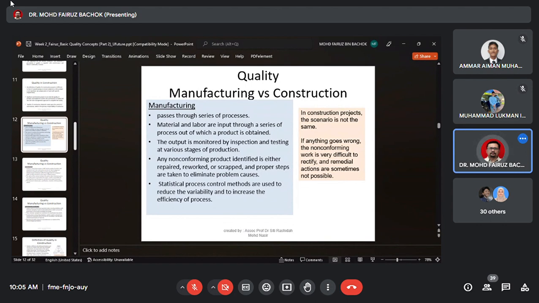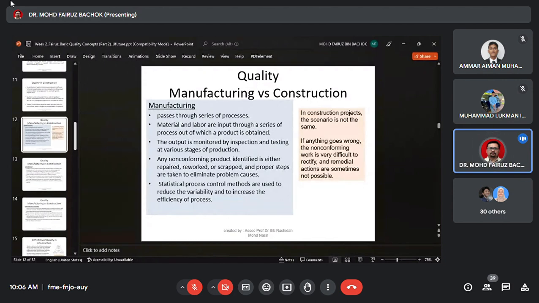If in 1 hour you can produce 20 products, and at that particular process 10 out of the 20 are rejected, while at another process only 2 out of 20 are rejected, then based on the statistical data, 10 versus 2, you need to focus on the process that has more rejected products, rather than remediation, to correct the problem at that high-rejection process. Otherwise it will go to the next process and cause problems.